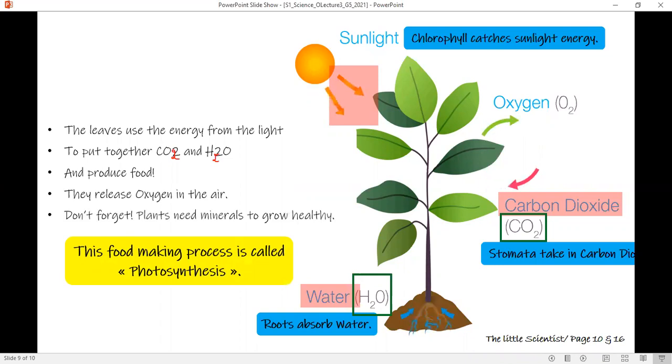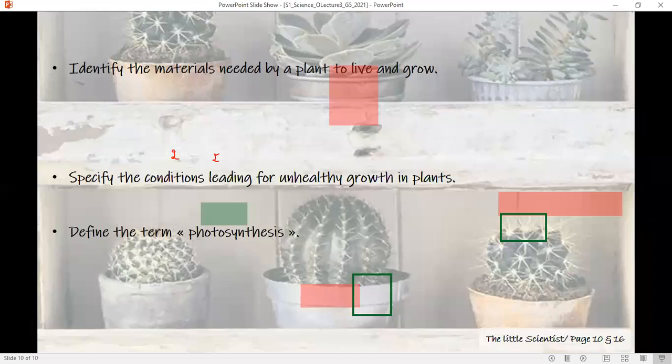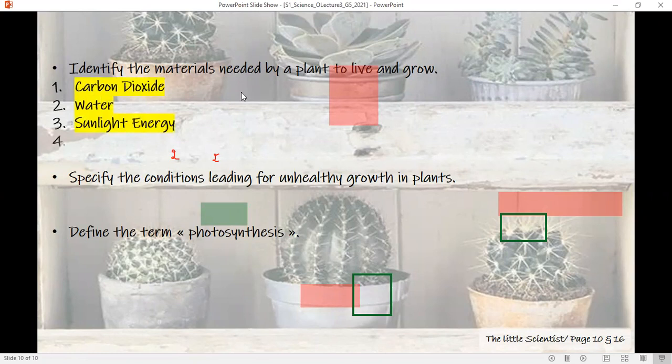Always remember that minerals are super important for the plant, but they are not engaged in the food making process. Identify the materials needed by a plant to live and grow. Plants need carbon dioxide from the air, water from the soil, and sunlight energy from the sun.